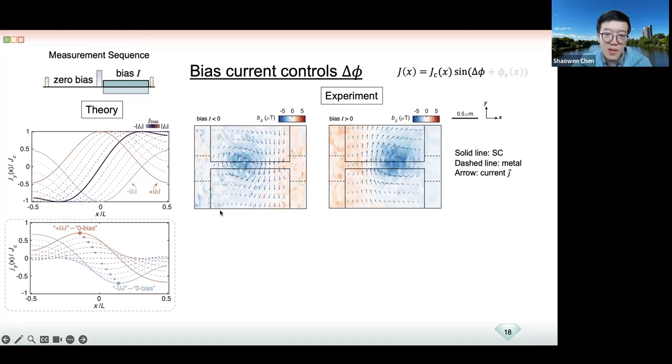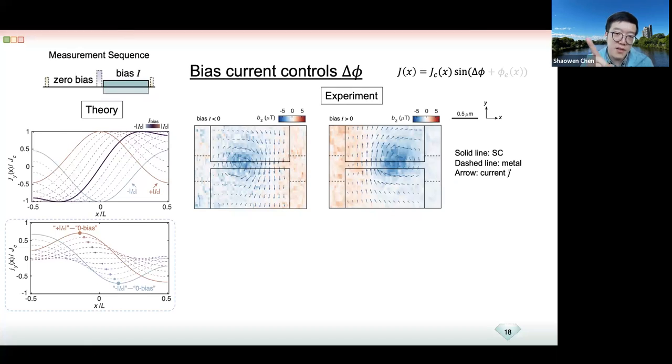Right, so let me explain this a little bit. In this plot, the solid lines are the superconducting electrodes. The dashed line is the metal that forms the normal part of the junction. And this color you're seeing is the Z component of the magnetic field generated by the AC current flow. Right, so going back to that question, the NV center will measure the XYZ component.